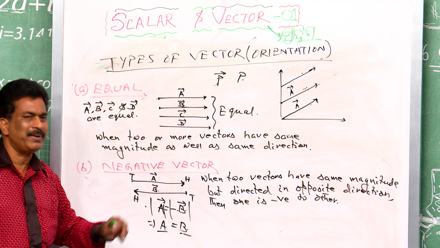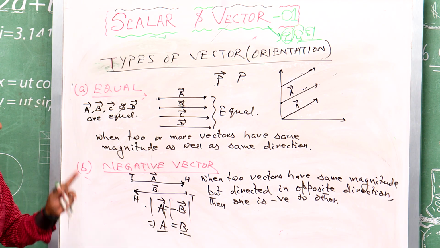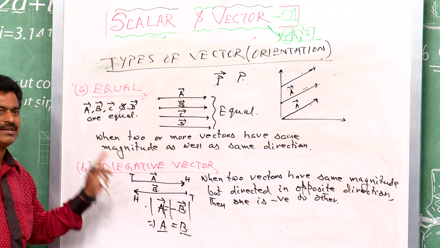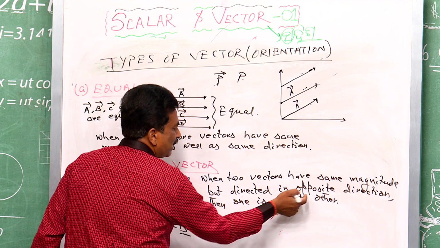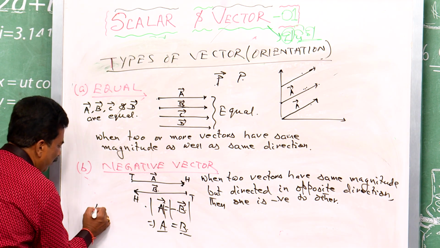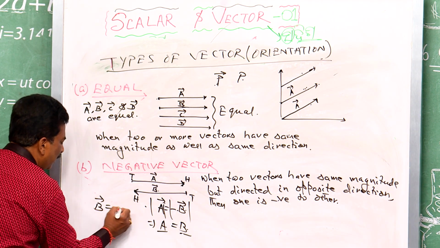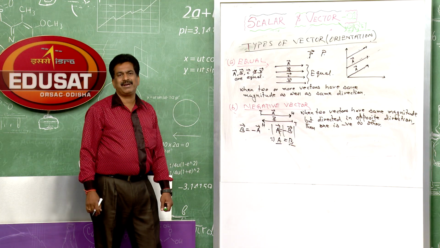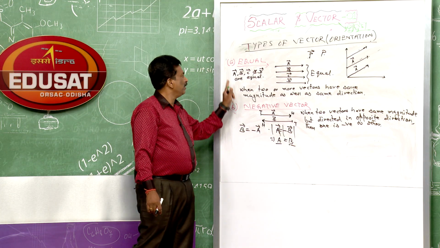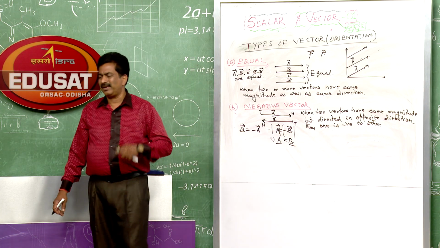So both vectors here have the same magnitude, but the direction is opposite. In another way, as you said, one is negative to the other. In the other way, you can say the B vector is equal to the negative of the A vector. So this is the equal vector and the negative vector.